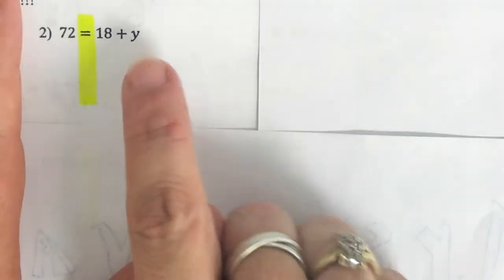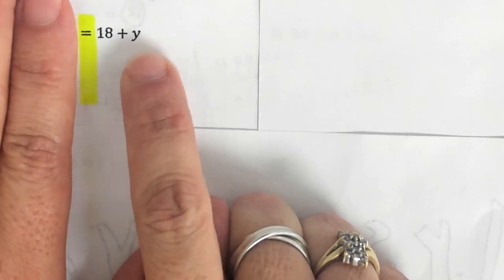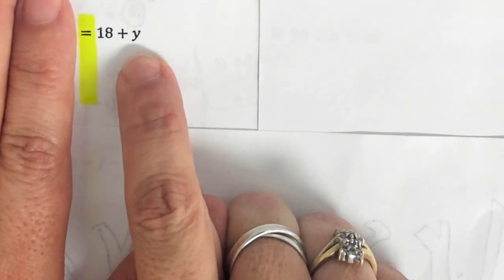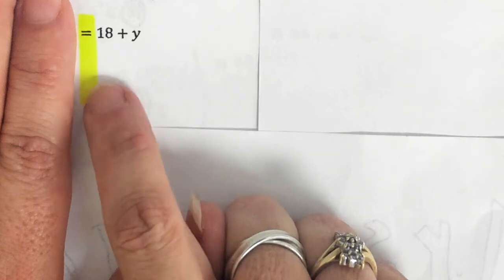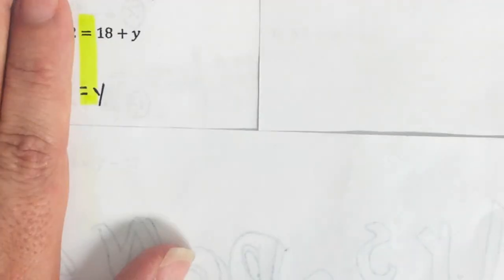You kind of have to just imagine it being there. So when I ask you the first question, what is your variable? You say y. I ask you what is with y, and I want you to think about this. My whole goal is to get this y down here by itself. So what is with the y that you probably want to get rid of?